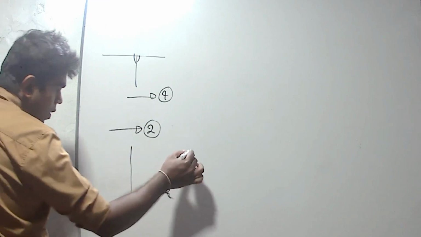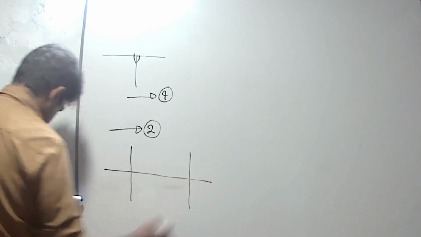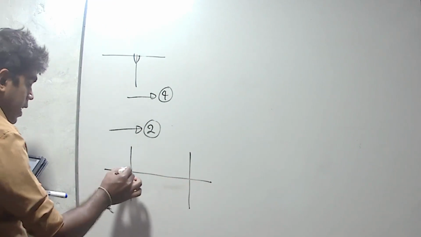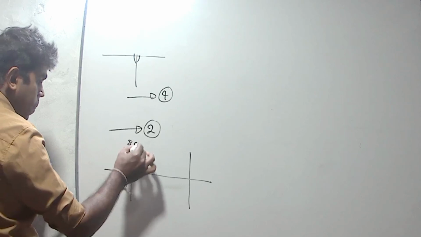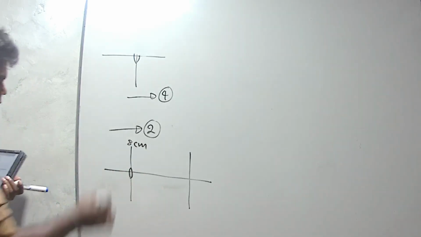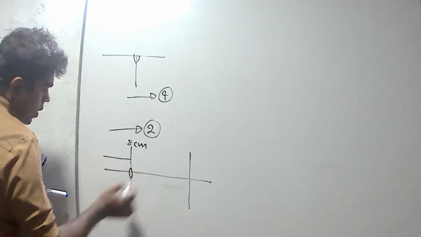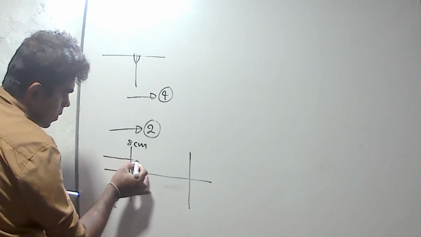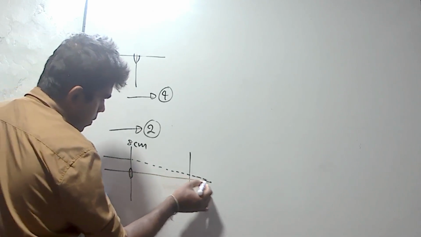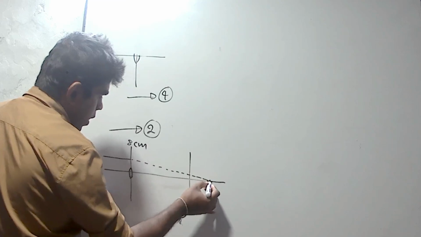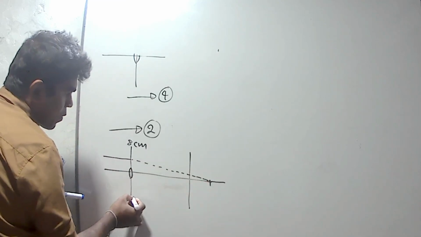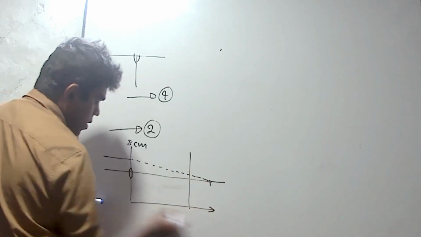The focal length of the first lens is 8 centimeters. It is a convex lens. Therefore, this light ray should pass through the point 8 centimeters from this first lens.